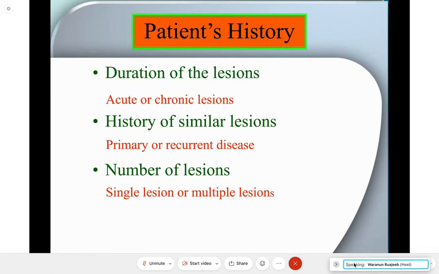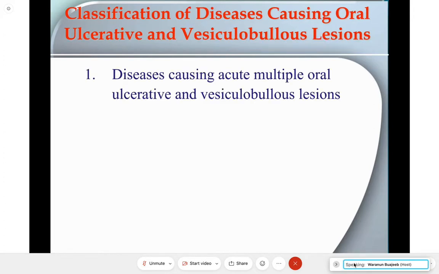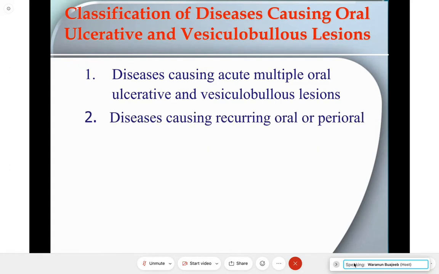Because with this, you can have it in the clinic with the history and clinical presentation. With all this information, we can classify or group the diseases that cause ulcerative and vesiculobullous lesions into these groups.